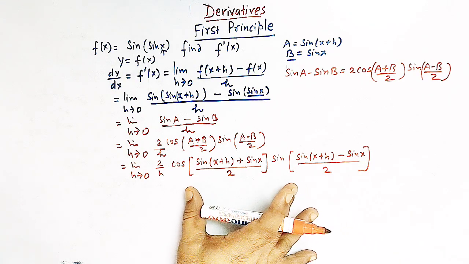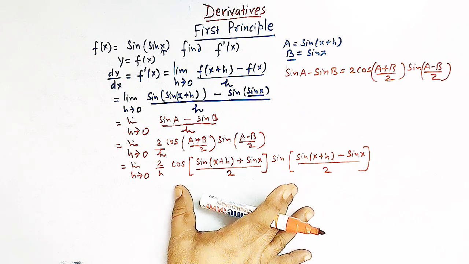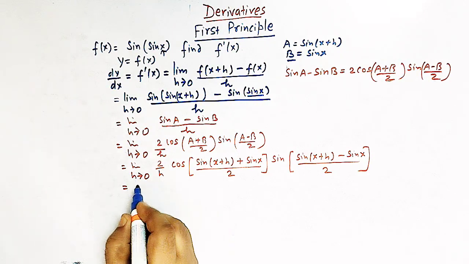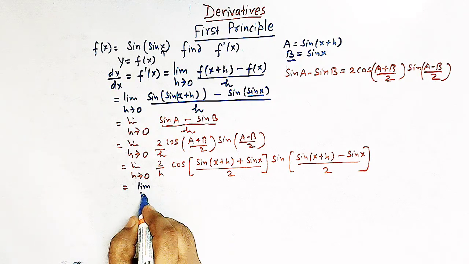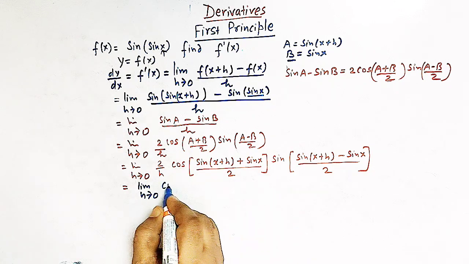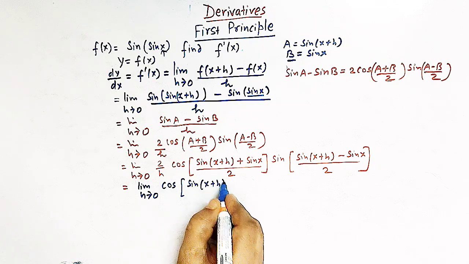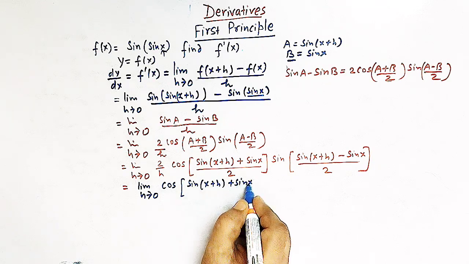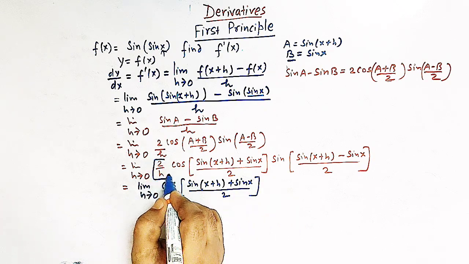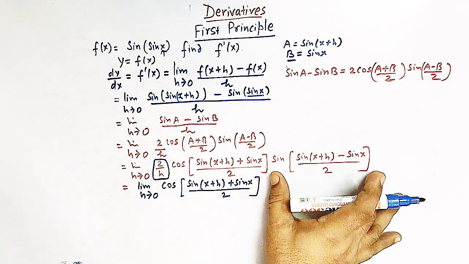So now we have to evaluate this limit. Now to evaluate this limit, what we will do, we can write a limit h tends to 0, and we'll first write this expression. So we have cos of (sine x plus h plus sine x) divided by 2, and then we can take this expression, that is 2 over h over here.